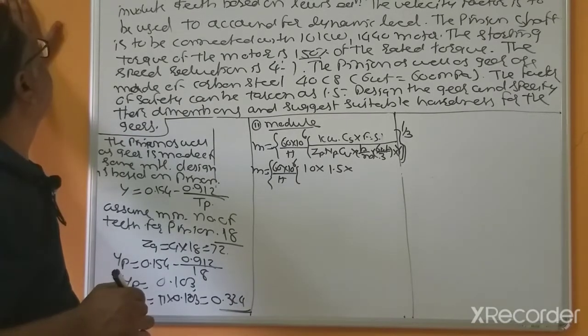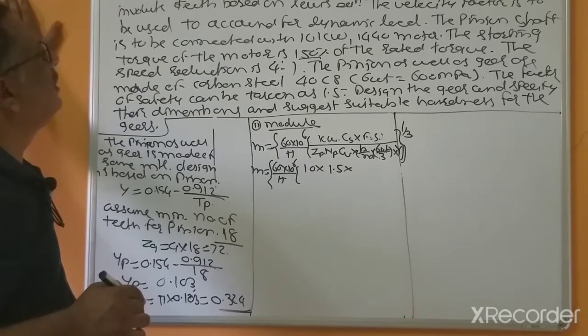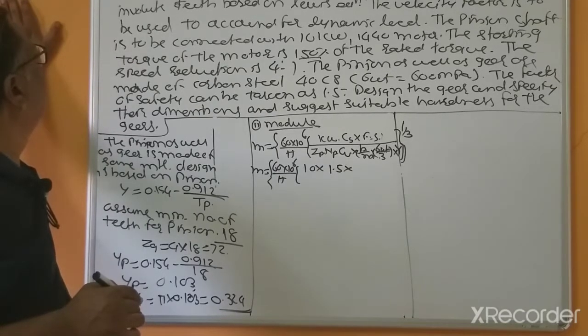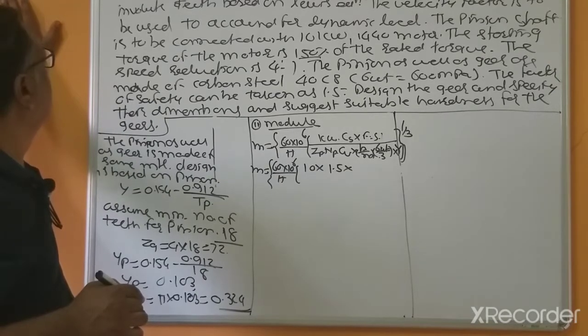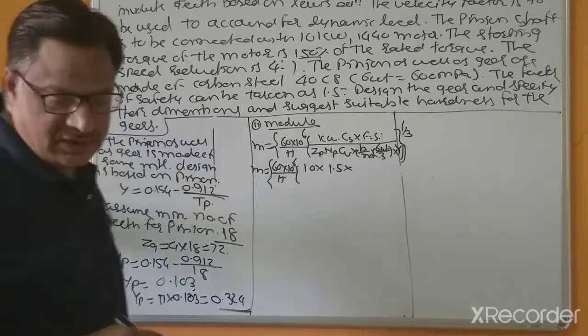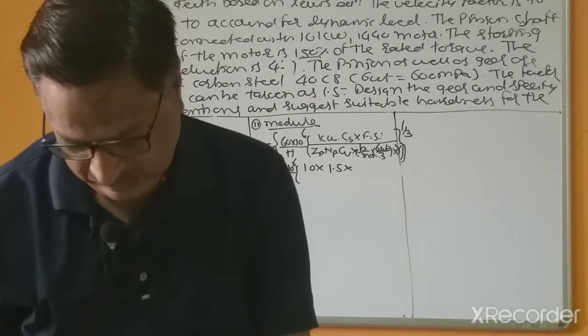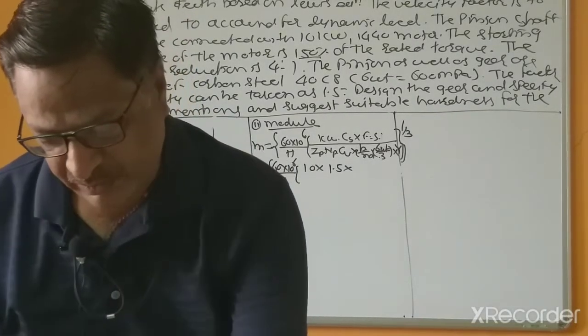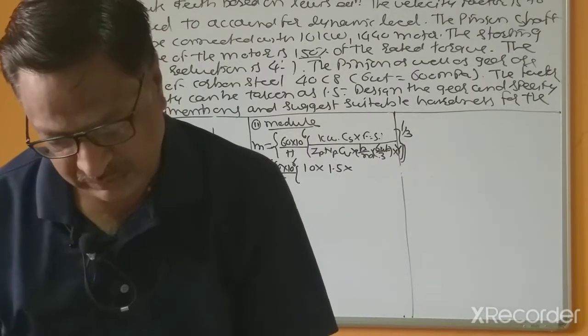The velocity factor is to be used to account for dynamic load. The velocity is connected with 10 kilowatt. So this is 1.5 factor of safety.